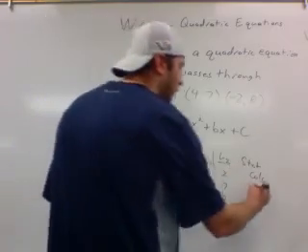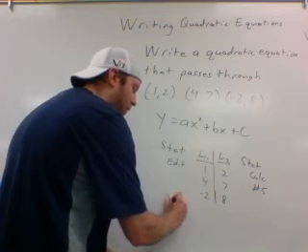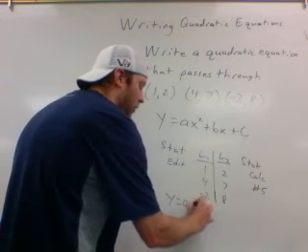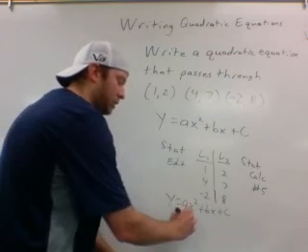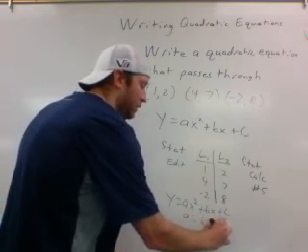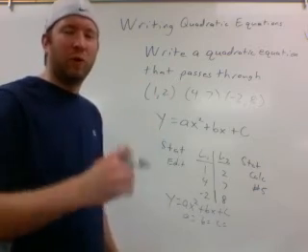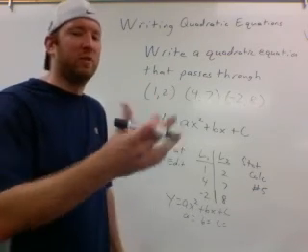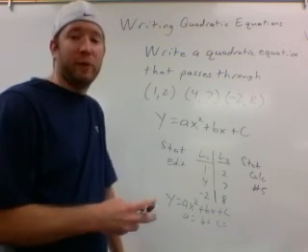So if you do Stat, Calculate, number 5, what should pop up is y equals ax squared plus bx plus c. And again, it should tell you what a is, what b is, and what c is. And then you've got your equation. Round to 2 or 3 decimal places for each of your a, b, and c values. And then you've got your equation.